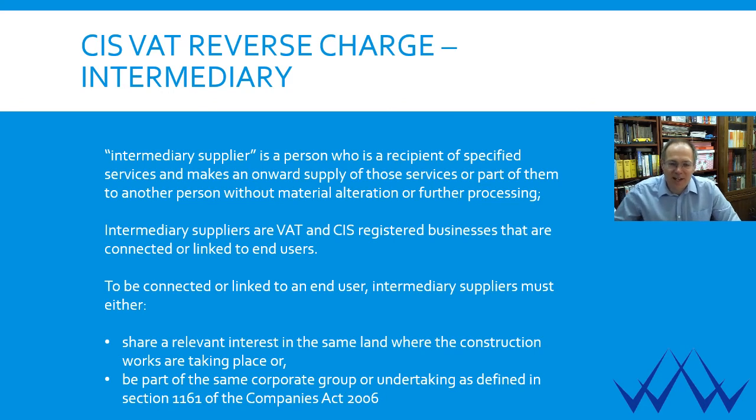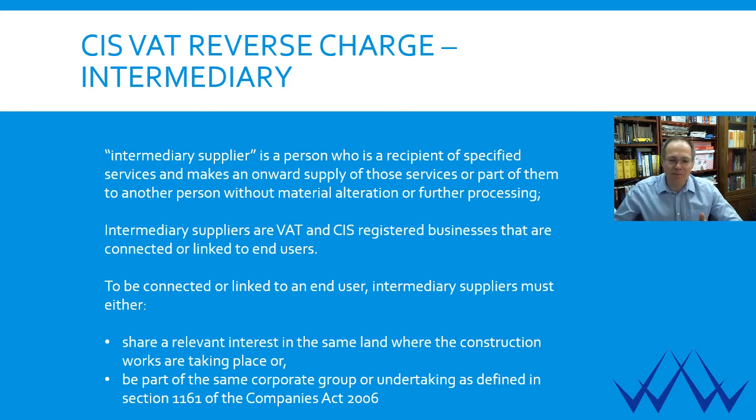Another term is whether they're an end user or an intermediary supplier. The rules are quite complex on this, and I haven't got time to go into that, but basically an intermediary is someone who supplies an end user. So it could be where, for example, the subcontractor is working for XYZ and XYZ is immediately selling those services on to Z Limited.